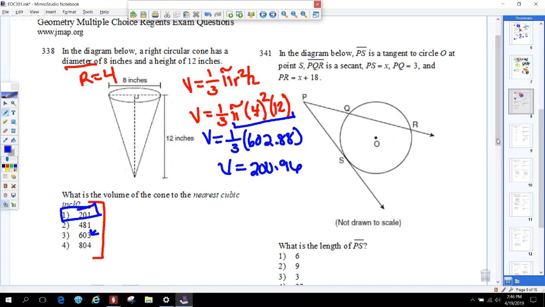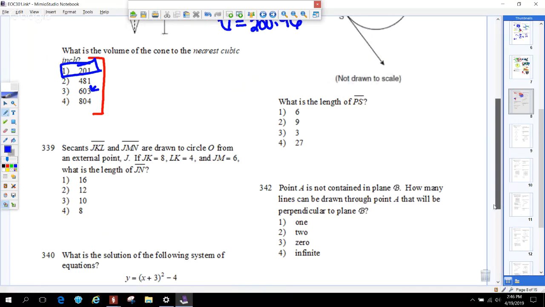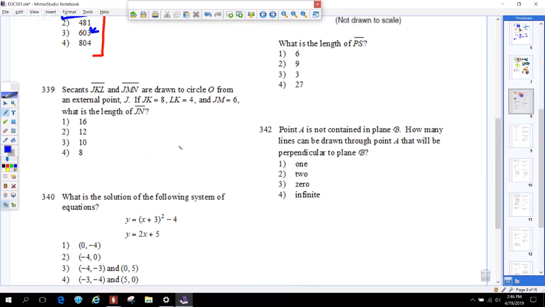Oh no! Next, we have secants that are drawn to circle O from an external point J. So here's my circle O. Here's from my external point. Almost looks like a sideways Ninja Turtle. Here, anyway, random thing. Here's JKL and JMN.